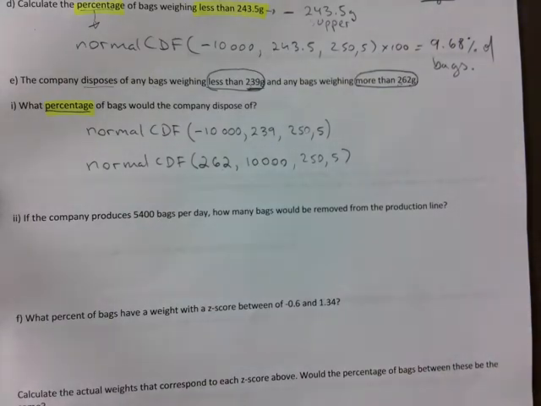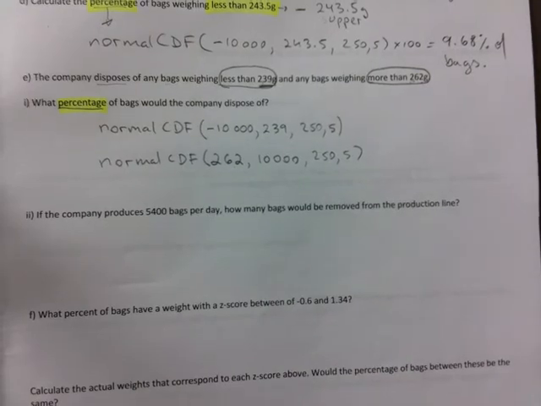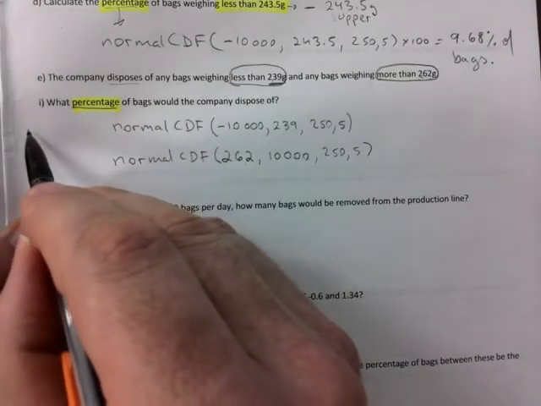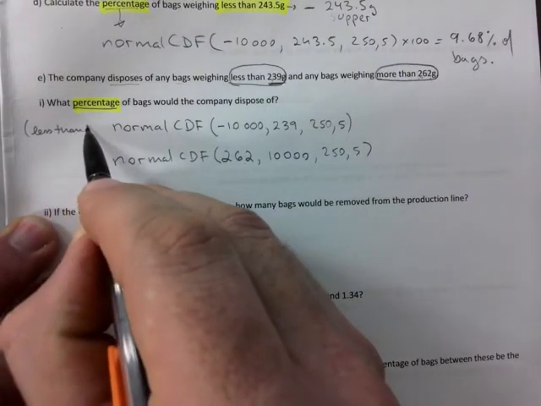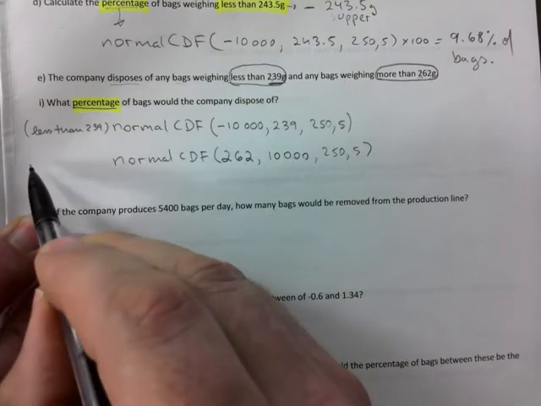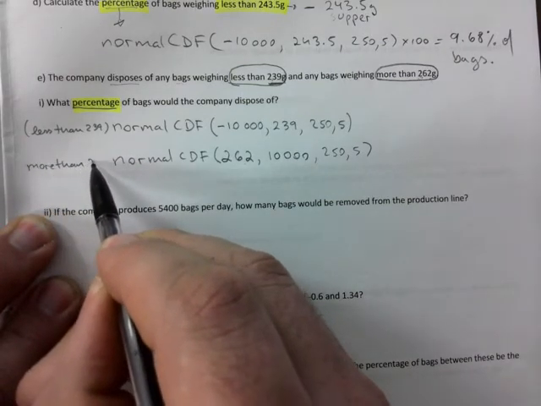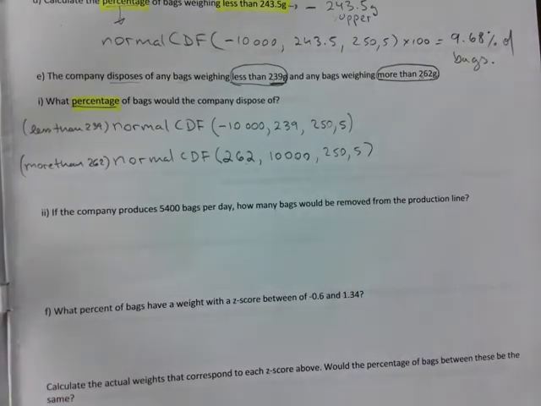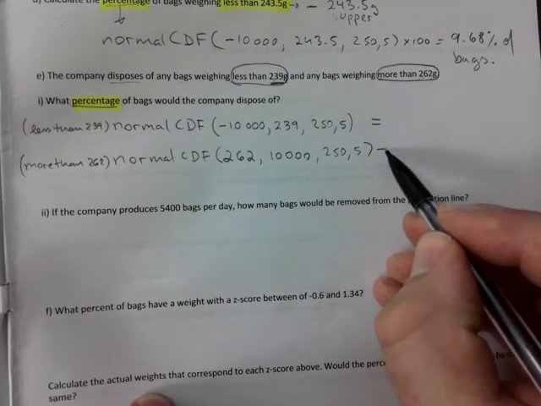Because these are your notes, I'm going to just on the side, allow me to do this: less than 239, and this is more than 262. Okay. Less than 239, more than 262. Let's figure that out on the side here.